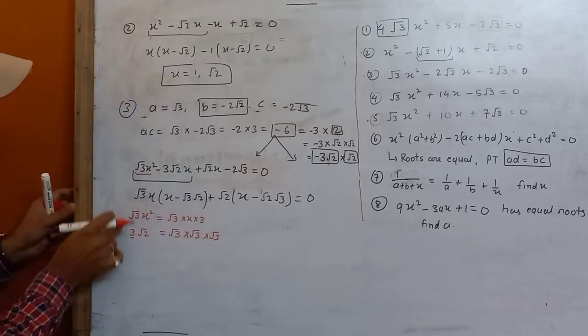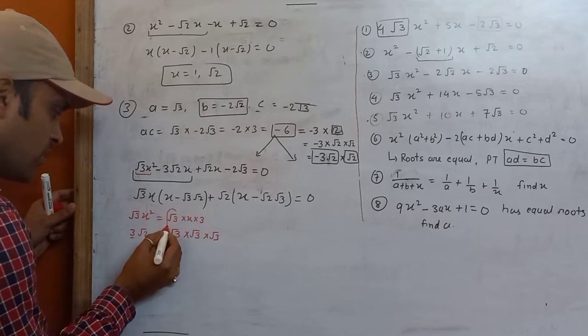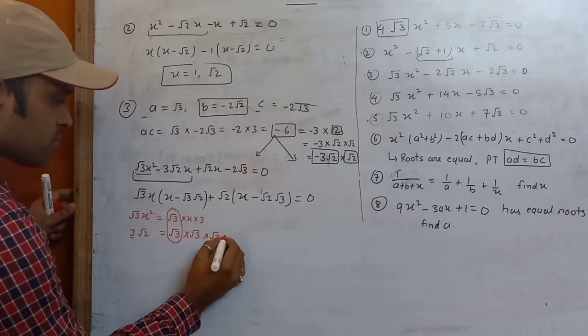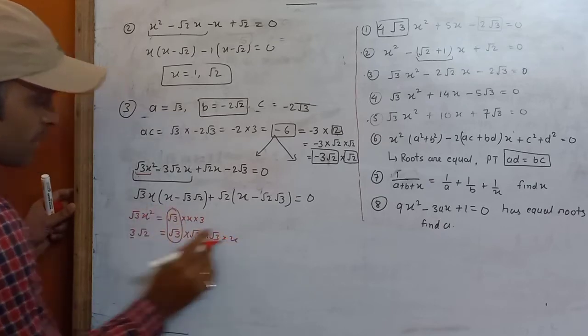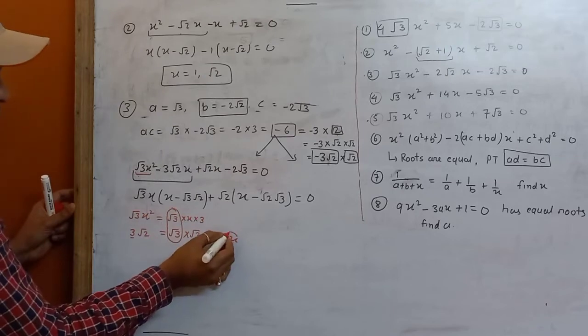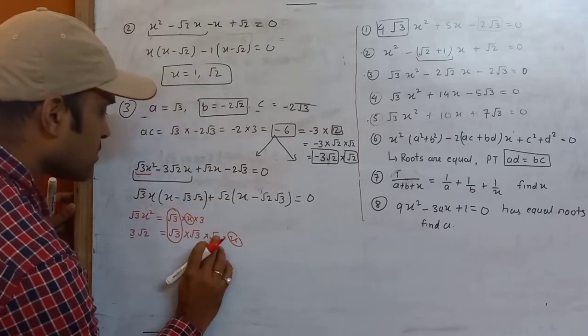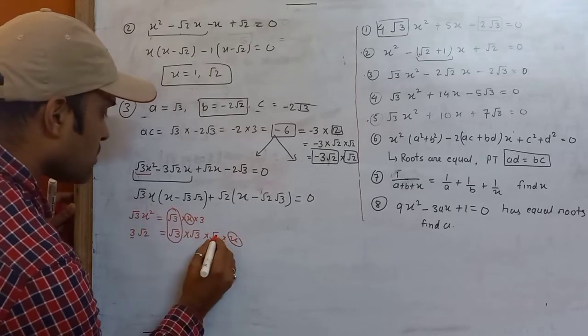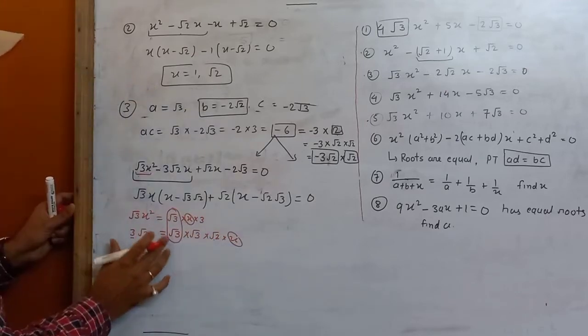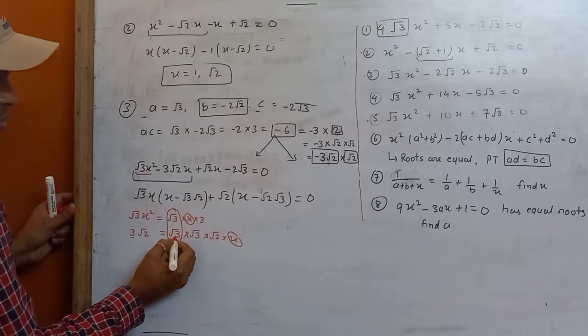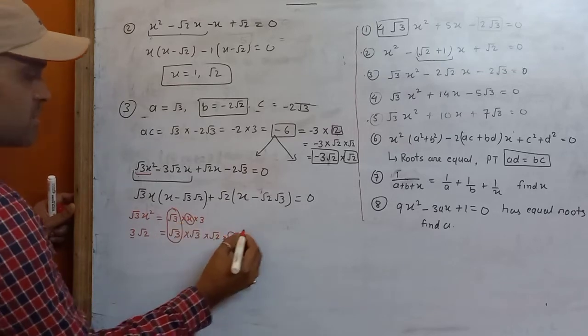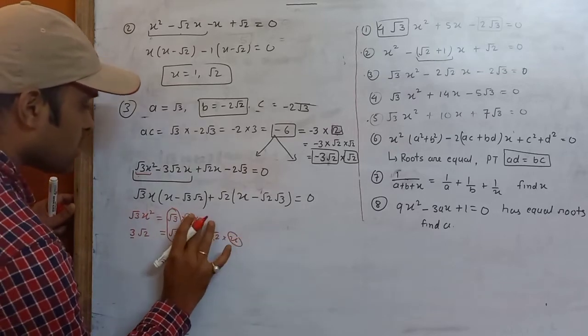Now from both the numbers take common. What will be taken common here? Root 3, and another number, x. Okay, so what is remained? If we take root 3 common and x common, here there is another x.